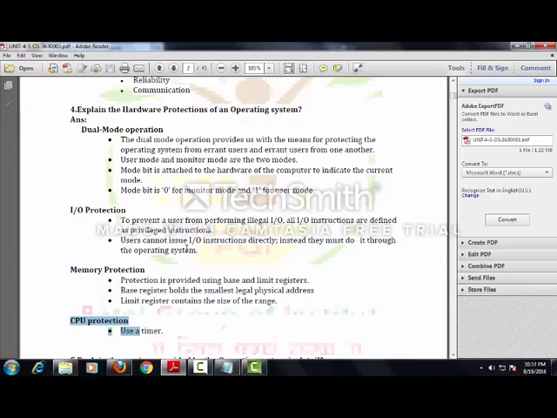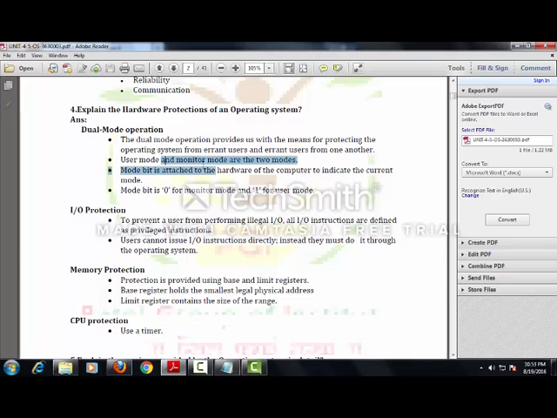Right. That is why there is a dual mode operating system. Dual mode operation provides us with the means for protecting the operating system from errant users, from one to another. One user cannot enter the second user's account. Every user has its own username and password. This is the protection mode.